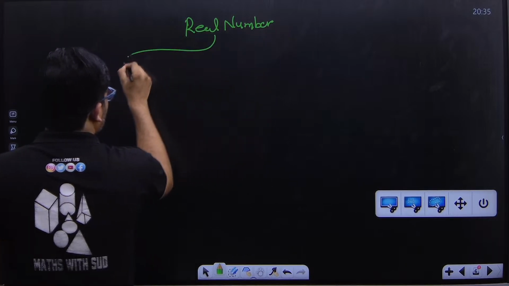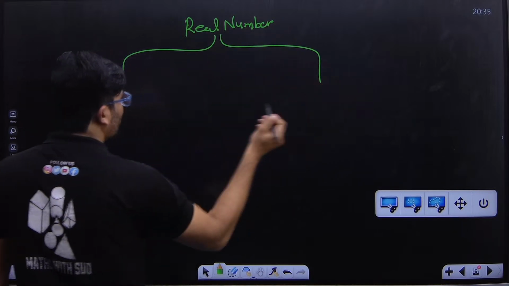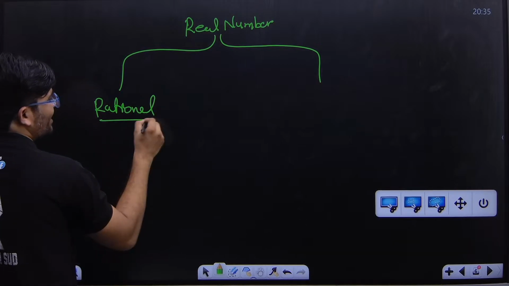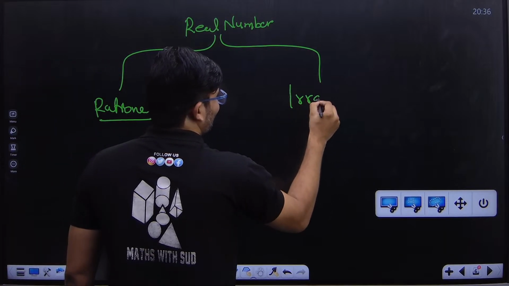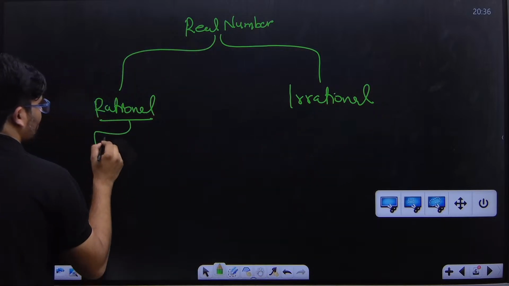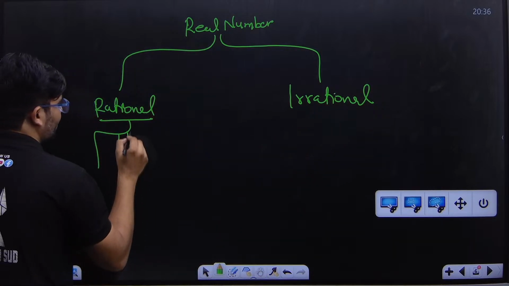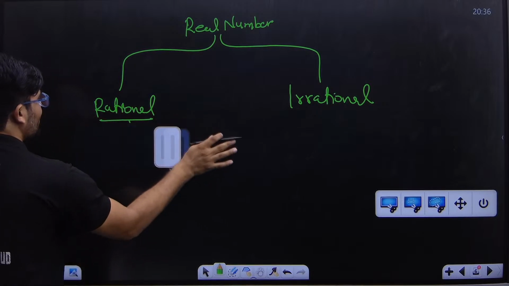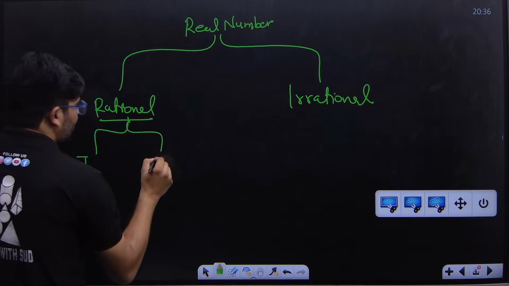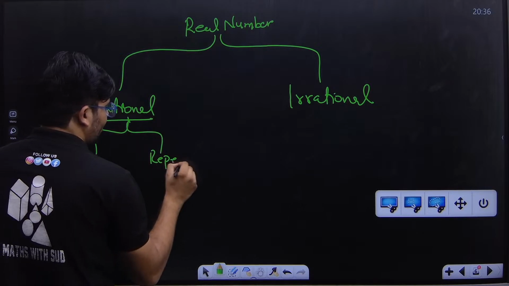It has two sons, or you can say two daughters, whatever name you suggest. One is rational, the other is irrational. Then rational has two children: one is terminating, one is repeating. Are you getting it? Yes, sir.